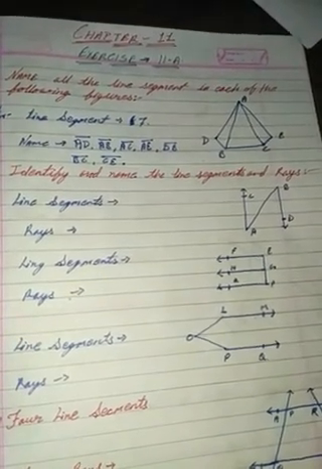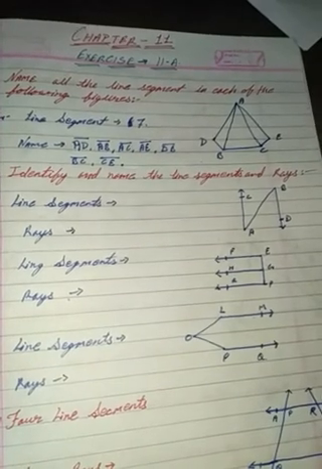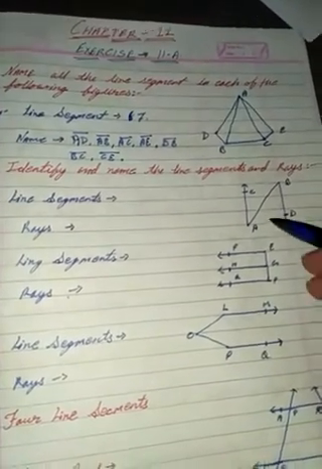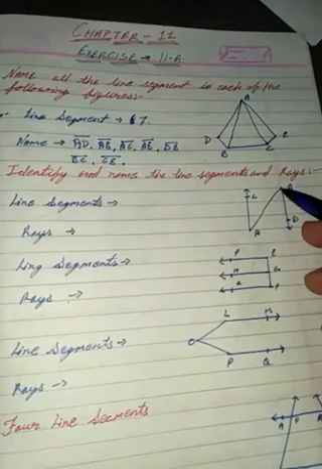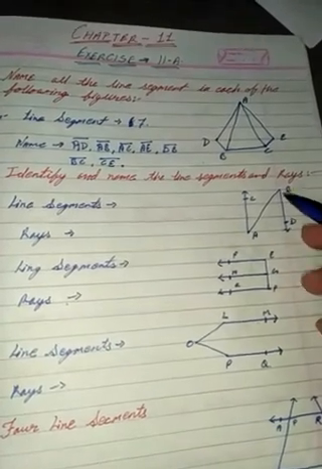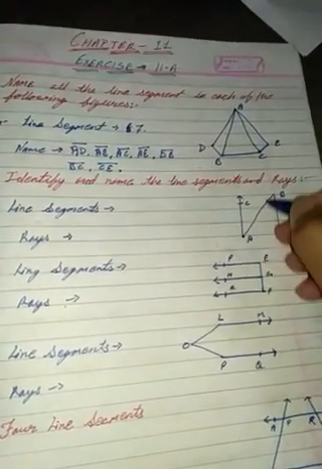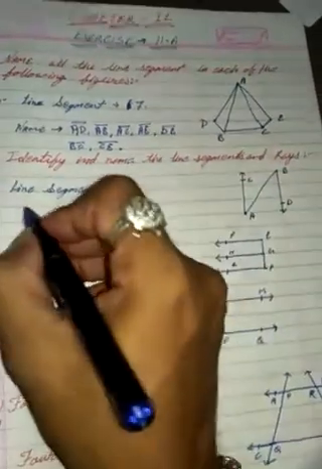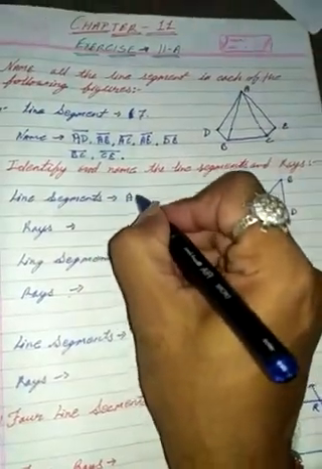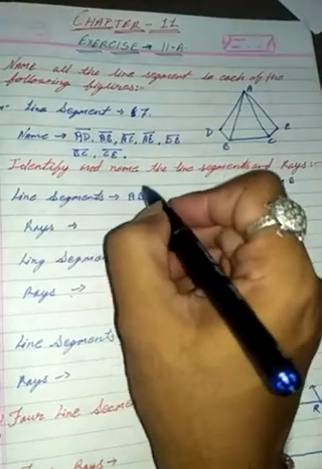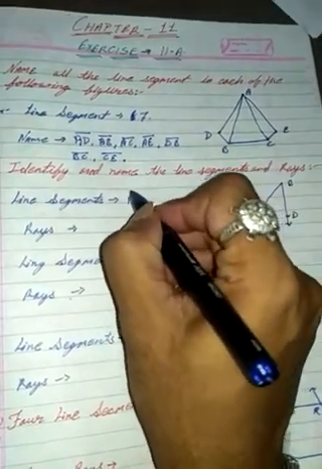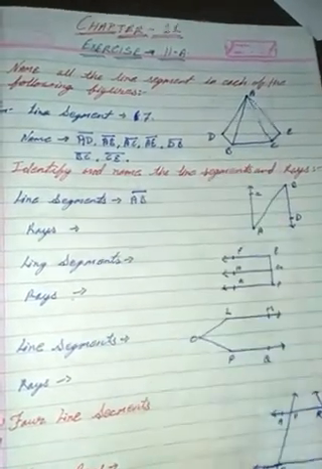A line segment is a line between two dots. Now where is the line segment? AB. AB is a line segment because there are two dots. Now the line segment is AB and we put the symbol of line segment.